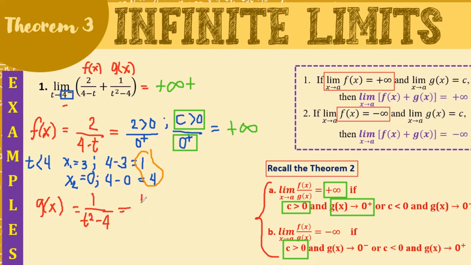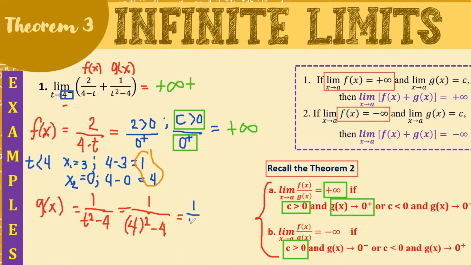So, sagutan natin. 1 over t squared. So, that is 4 raised to 2. Minus 4. Medyo nahiwalay lang yung 1. Sige, natin kasi baka ma-confuse kayo bakit andun sa gilid. So, this will become 1 over 16 minus 4. Ilan?